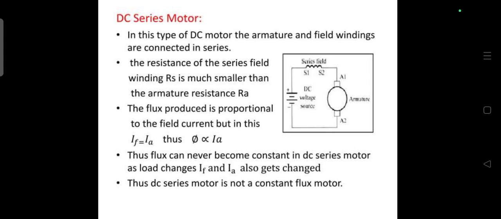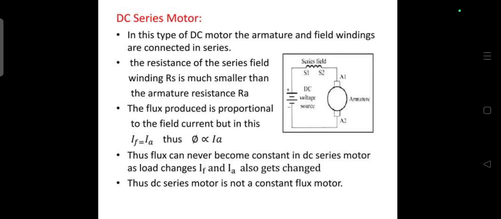Then the next important motor is the DC series motor. In this DC motor, the armature and field windings are connected in series. It is shown in the diagram. The resistance of the series field winding RS is much smaller than the armature resistance RA. RA means armature resistance, RS means series field winding resistance.